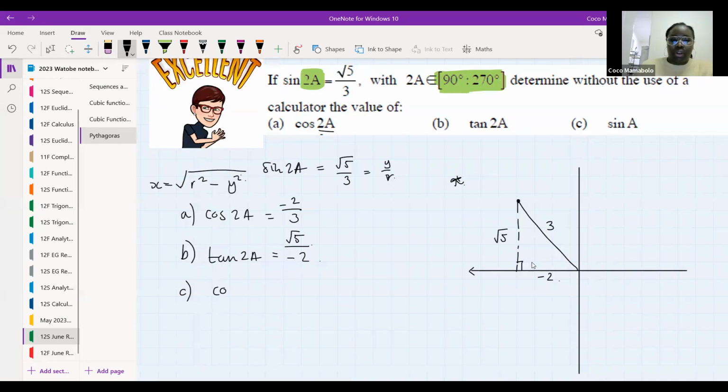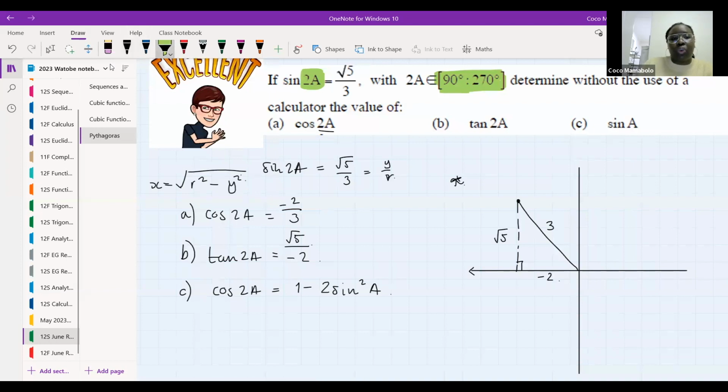Okay, cos of 2a. So I'm only going to look for 1 minus sine squared a. Because I want sine of a, I'm going to make sine of a the subject of the formula. Oh, sorry, I left out a 2, didn't I? This is 1 minus 2 sine squared a, like that.